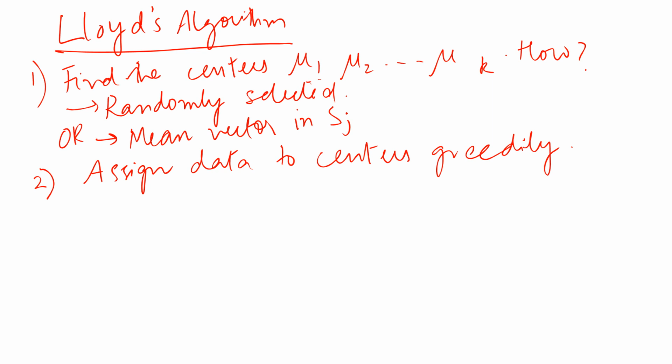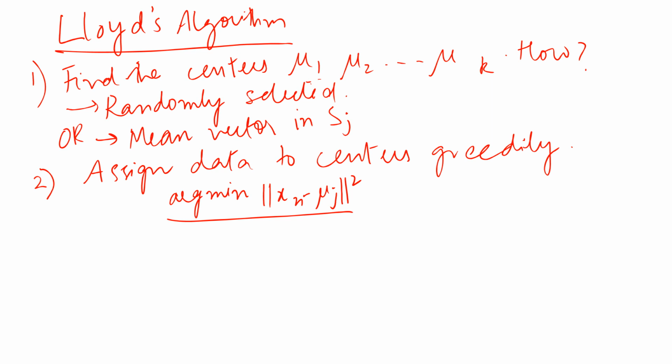So basically what we're trying to solve at every step is arg min over j of xn minus mu j squared. So assign it to whichever is the nearest. Based on this solution, I'll decide whether xn belongs to mu j or mu k.